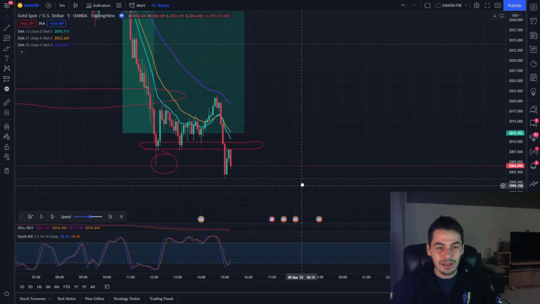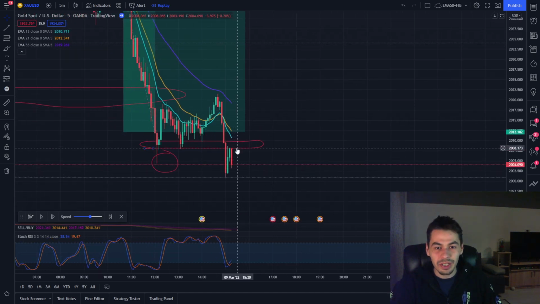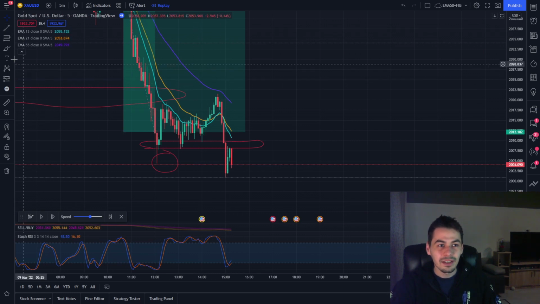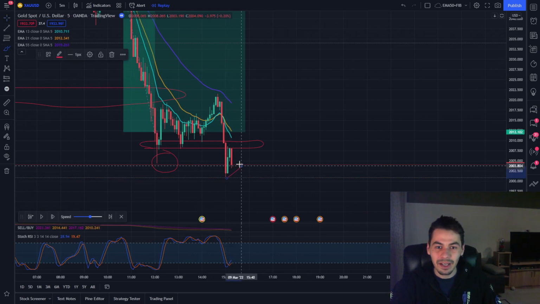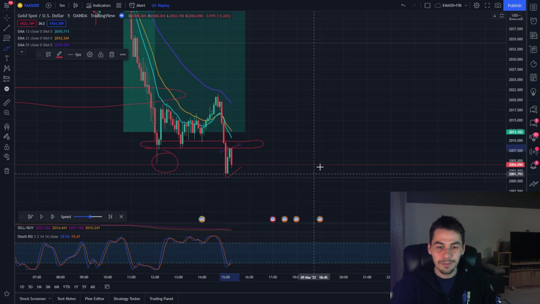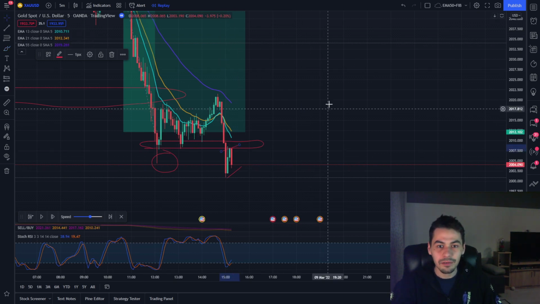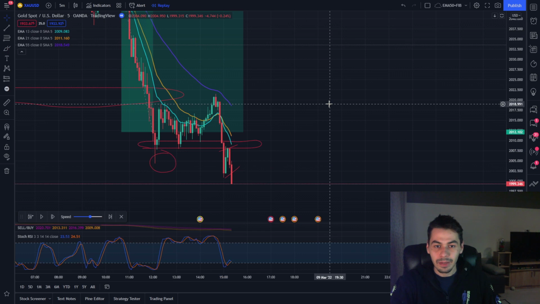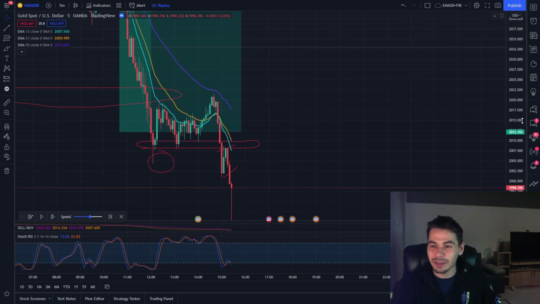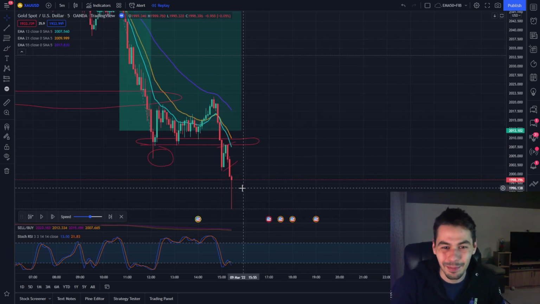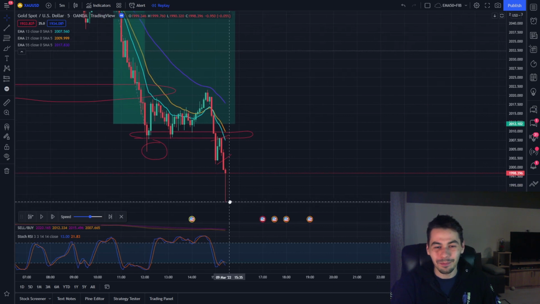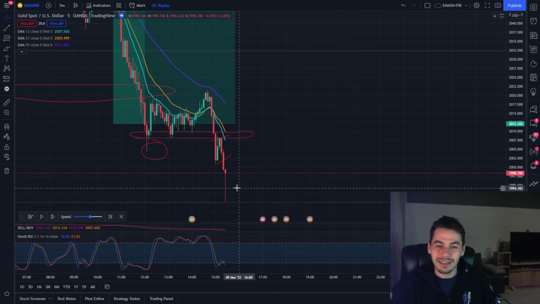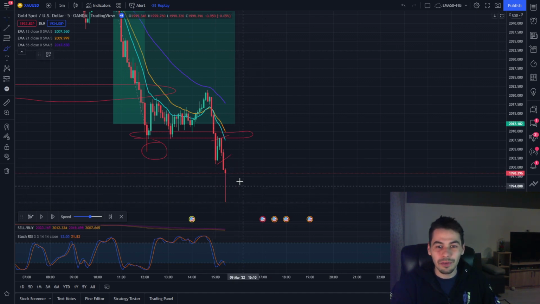Okay, so what does this look like, guys? So we have a nice impulse retest to previous structure, and we have a nice tidy bear flag on our hands right here. Let's see if it confirms. And it does. It breaks all the way to the downside, but this wick is bad. Okay, so we have a nice impulse to the downside, but the wick is bad. So these are signs of trade reversals, guys.